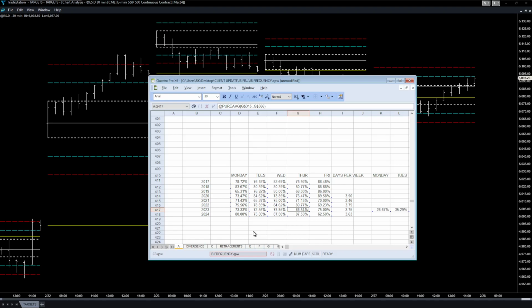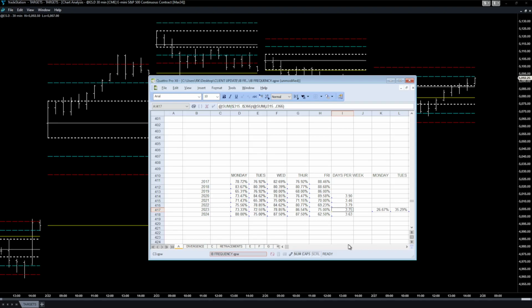Now, a couple of other things are evident too. Last year, almost 4 days out of every week, the first standard deviation mark was met. But at least 3 days out of the week was the average, almost 4.